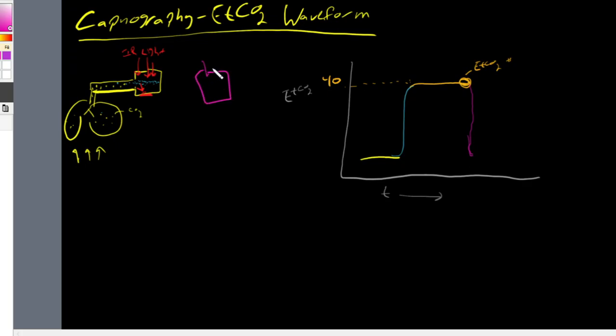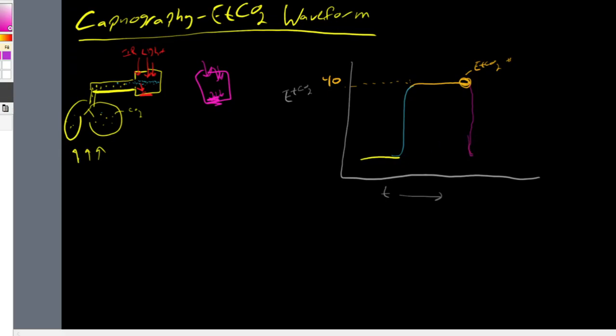If this is our sensor, there's no more carbon dioxide being passed through, so you're going to get all those 3 photons that are shot at the end of our base plate here, and that is going to reflect as having minimal end-tidal carbon dioxide. So this inspiration causes a pretty big drop in our end-tidal CO2, which senses this fresh gas flow going into the system, and there's less carbon dioxide in this device now. And that's going to reflect right over here.